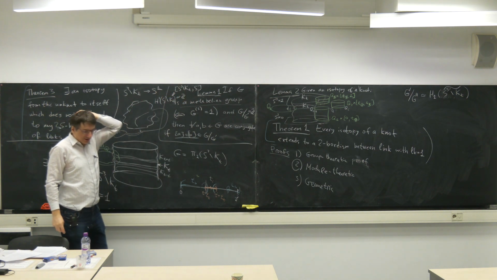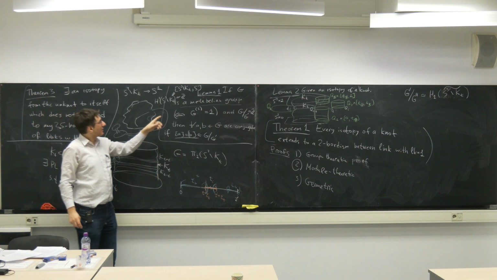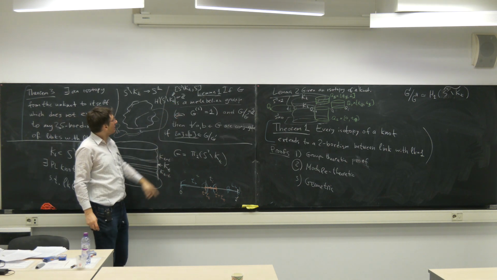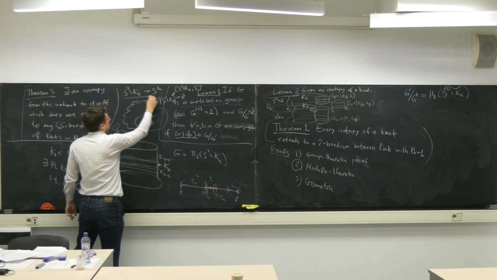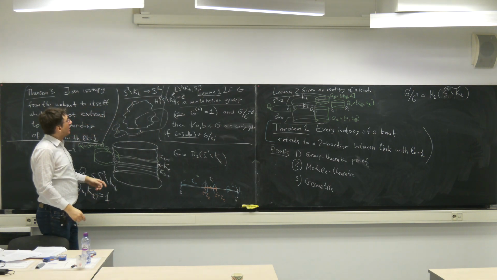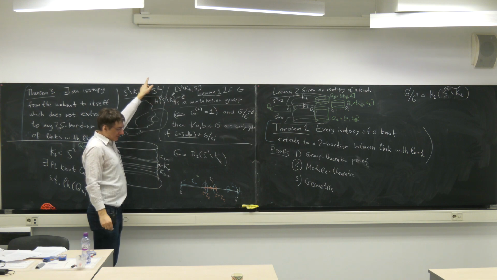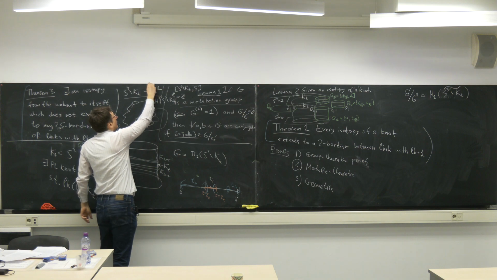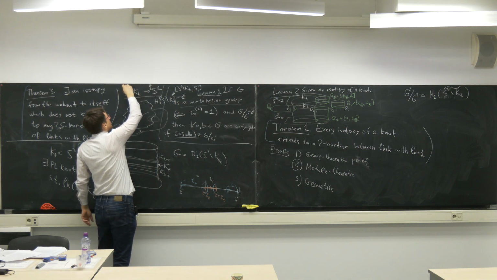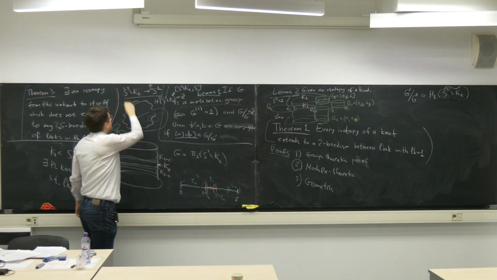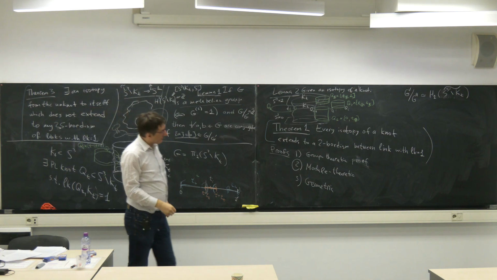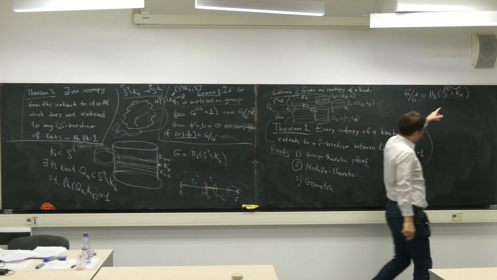S^1 is an Eilenberg-MacLane space K(Z,1). So I get this map into the circle, and over the circle there is the universal cover, the real line. And I take the pullback from R, and this will be this infinite cyclic cover, which is written here.